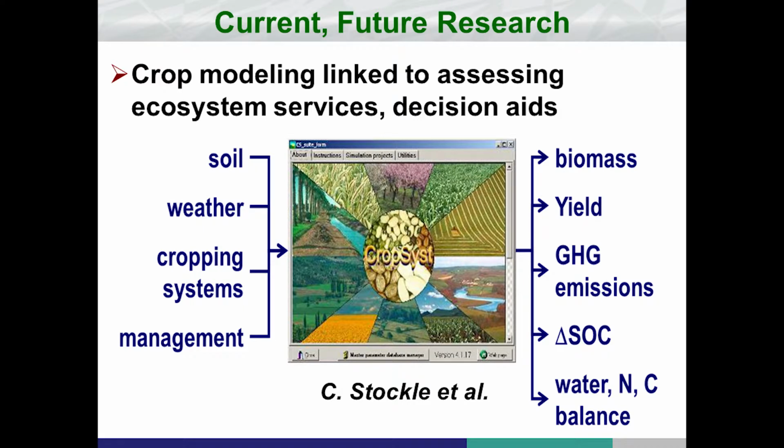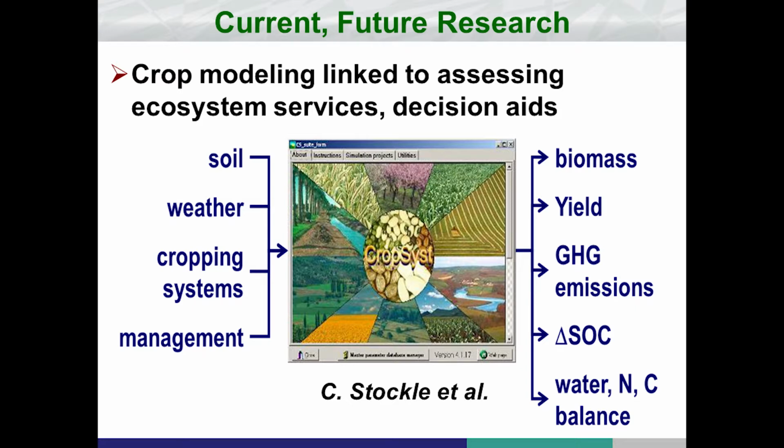So current and future research, we hope to continue to work with Dr. Stockel and others from the standpoint of incorporating CropSyst into the flex cropping question in particular. In other words, can we use the simulation models effectively to combine with our AEC designations to go forward with better decision support in a flex cropping situation in order to better make decisions?